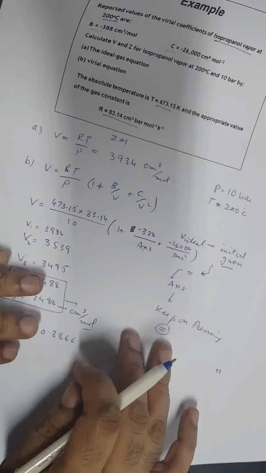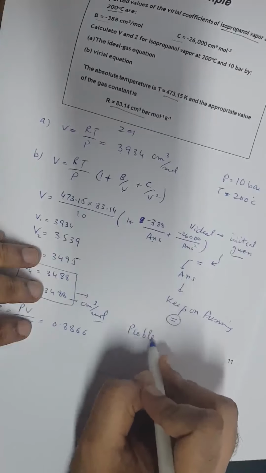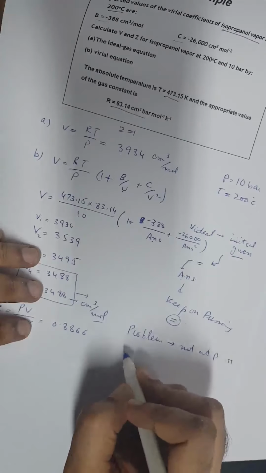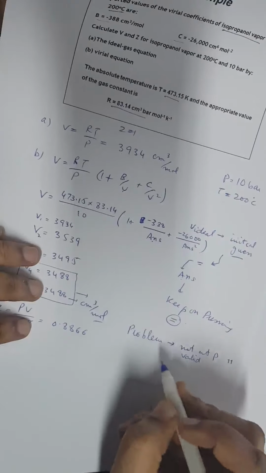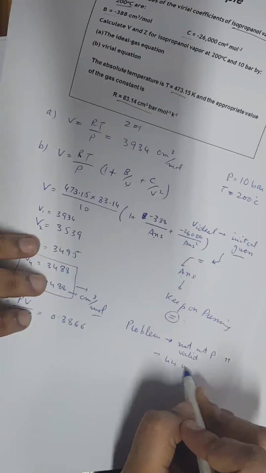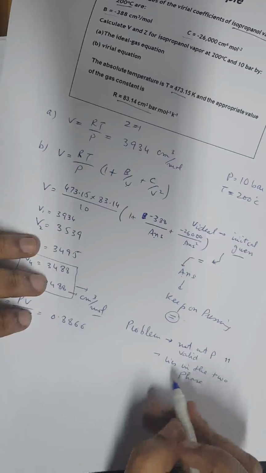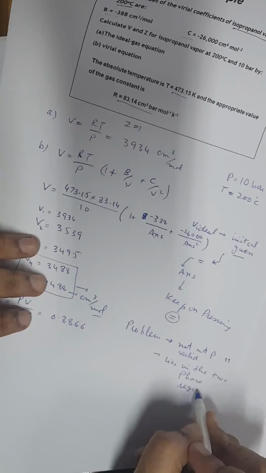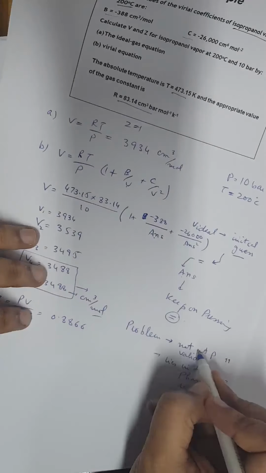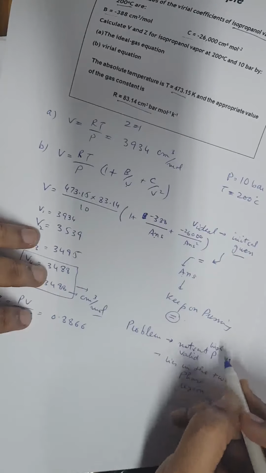The problem is that it is not valid at high pressure, and also the problem lies in the two-phase region, because the phase will change over there. So these are the two main problems, not valid at high pressure.